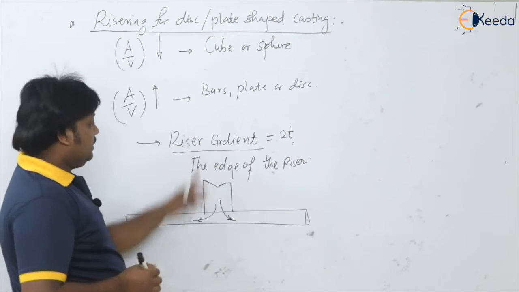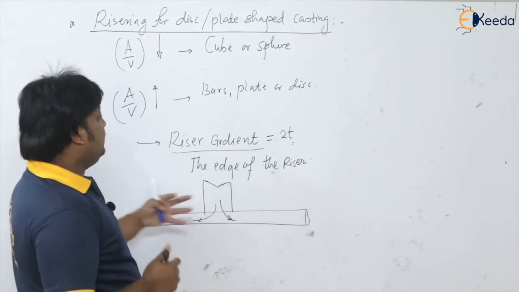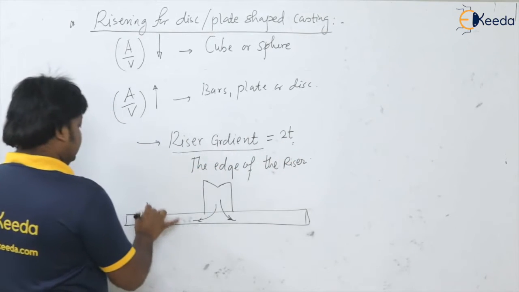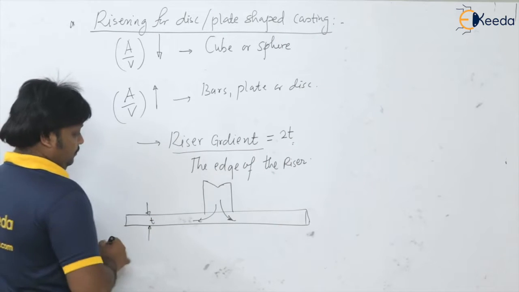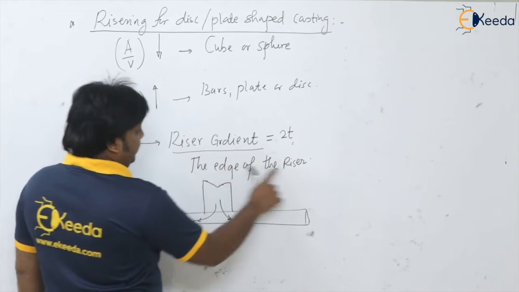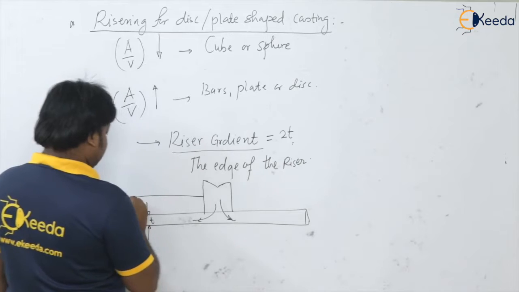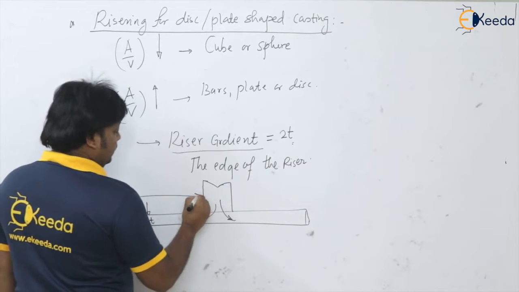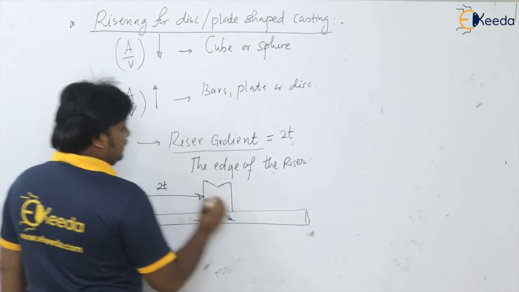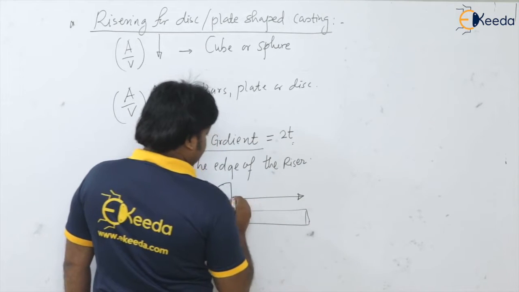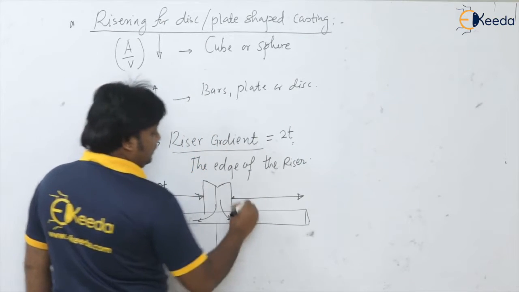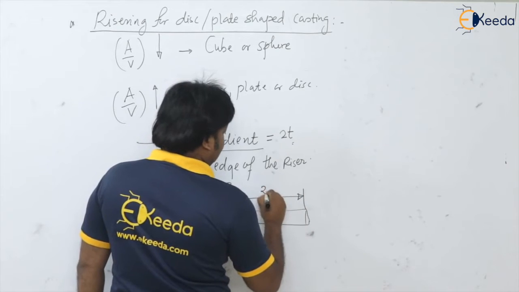This is the riser gradient. It is equal to 2 times t, where t is the thickness of the casting. From the edge, the riser is going to feed 2t, not from the center. From the edge, it will feed 2t.